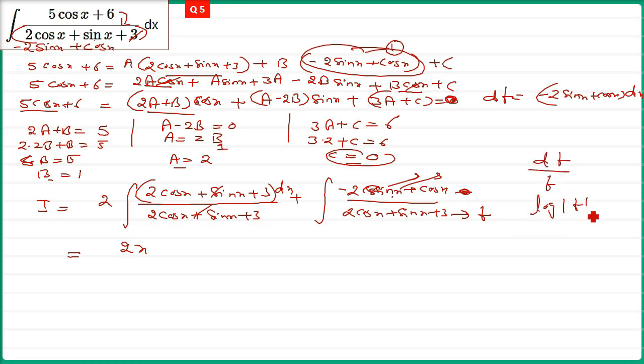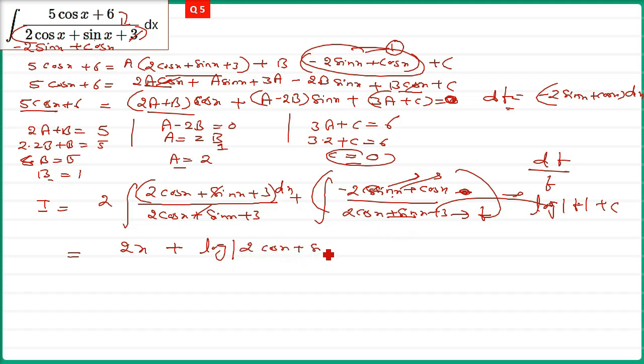That forms log modulus t plus c. The first term we have already got as 2x. The second term will be log modulus of t plus the constant of integration. So we write log, and in place of t, because we have taken t as the denominator, we have log modulus of 2 cos x plus sin x plus 3. You can also write ln, because it is log base e.